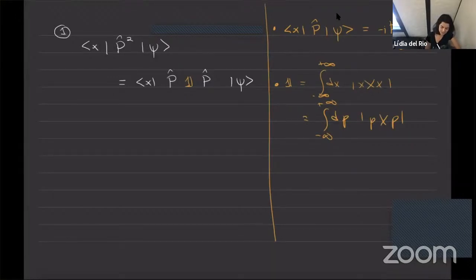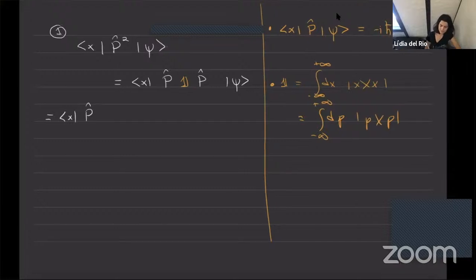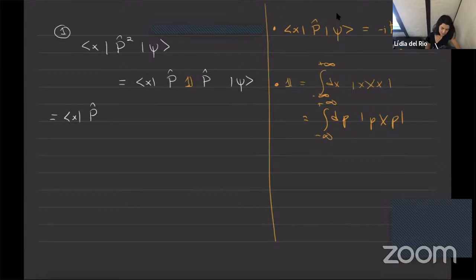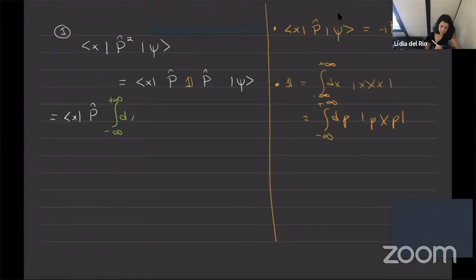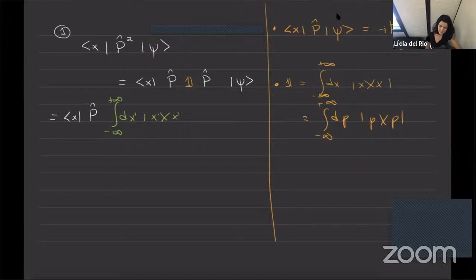Okay, so we insert this here on the left. So we have x and p. We leave it alone for now, and now we put here this thing. I'll make it in green. Dx, and I'll just put x prime so that we don't confuse it with the other x. And now we have here x prime, and then what we had there before, p, check.